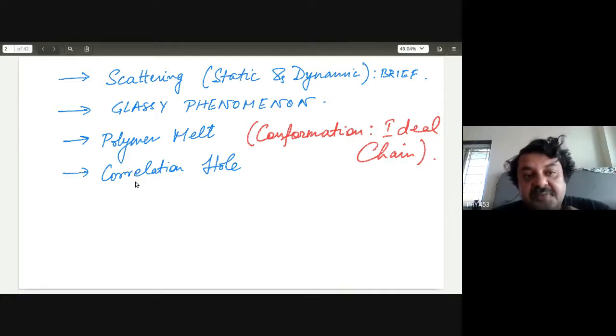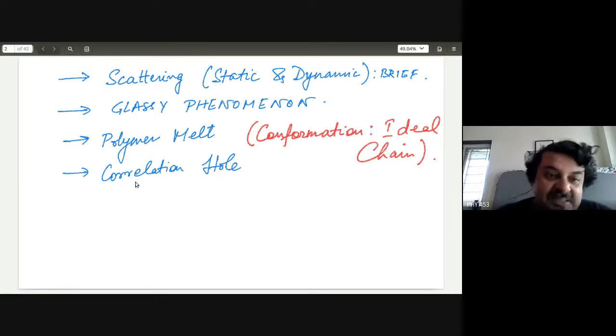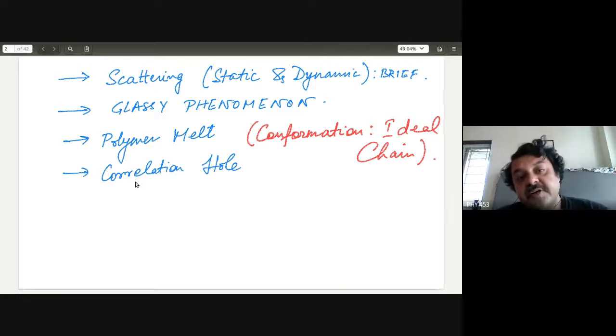Now, in the liquid phase, the most important and the most surprising aspect which you could register: in a polymer melt, you have a large number of polymer chains interacting with each other, but the conformation of each of these polymer chains is that of an ideal chain.